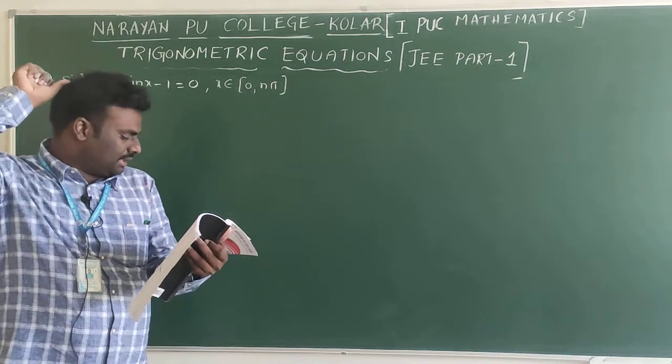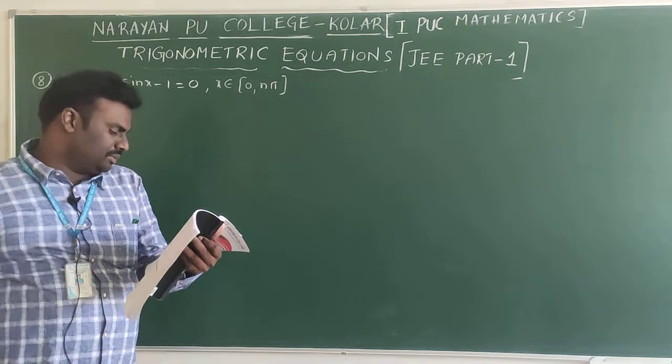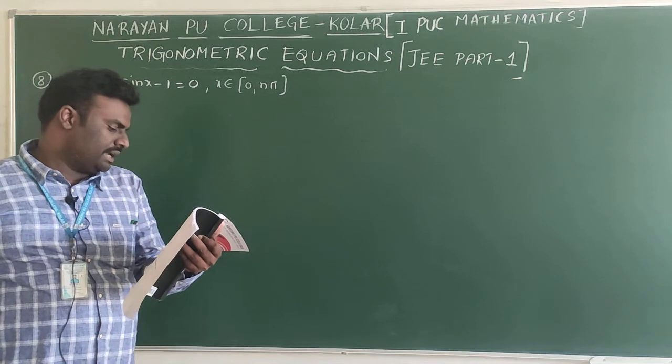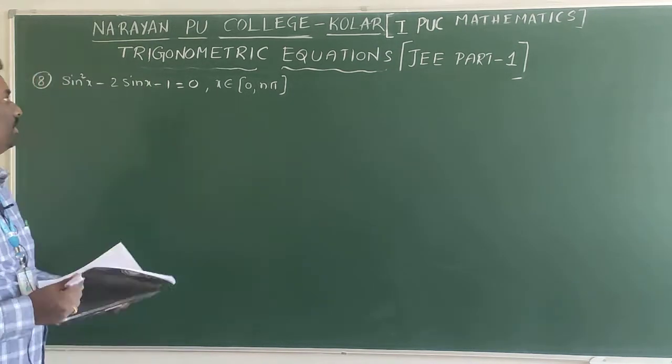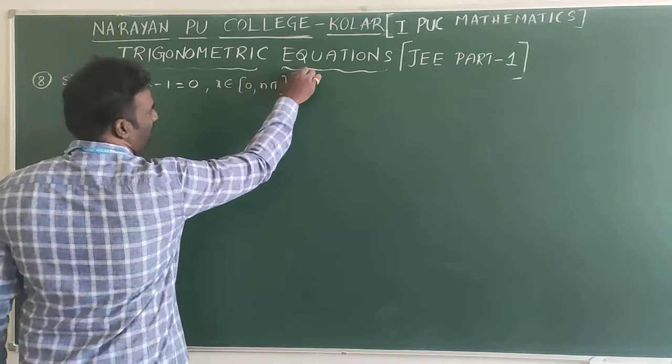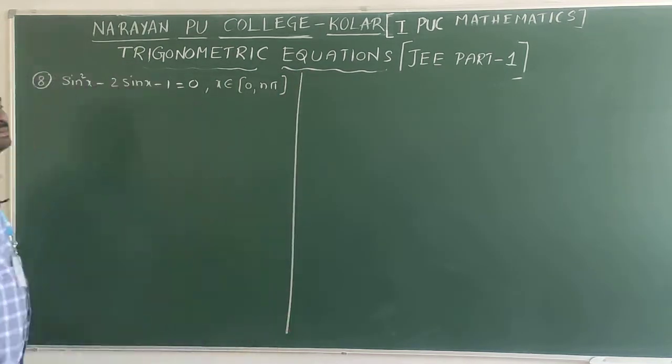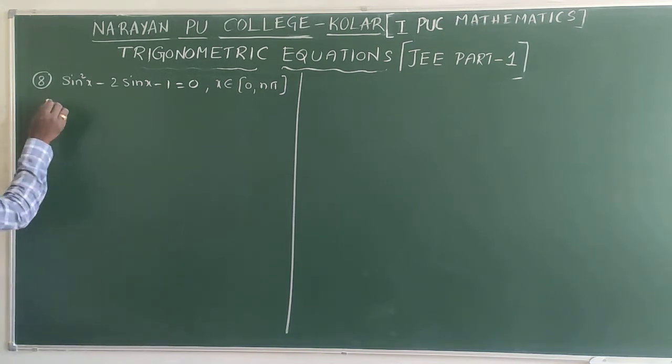Then the minimum value of n can be. First, it is having only 4 solutions, and we need to find the minimum value of n. I'll simplify this.